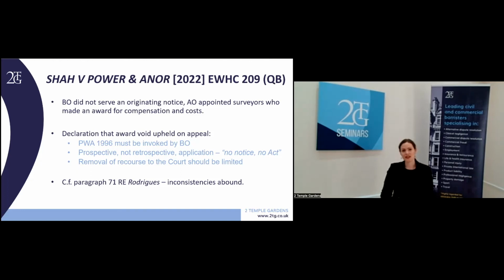And in upholding the declaration, the High Court had to consider two related questions. First, could the Act be invoked retrospectively? And second, could the Act be invoked by the adjoining owner acting unilaterally? The Court answered both of these questions in the negative and gave a number of convincing reasons for doing so.